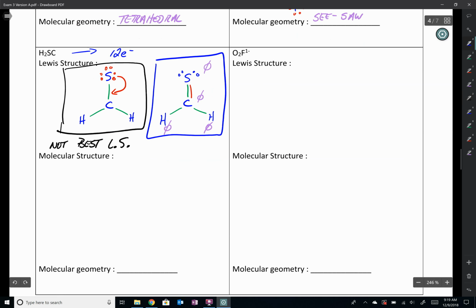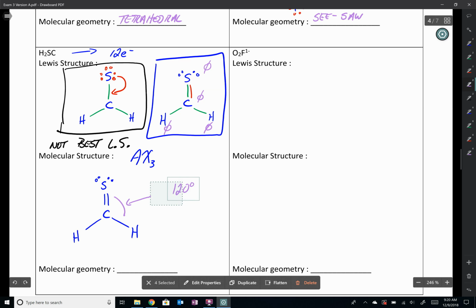All right, so continuing on with the one in blue, we have an AX notation of AX3, so 3 things around that central atom. That means we're trigonal planar, and if we're trigonal planar, this is one of our easier ones to draw. The tricky part about drawing a trigonal planar is to make sure that you have an angle here of 120. Sorry, I didn't mean to put a theta there.